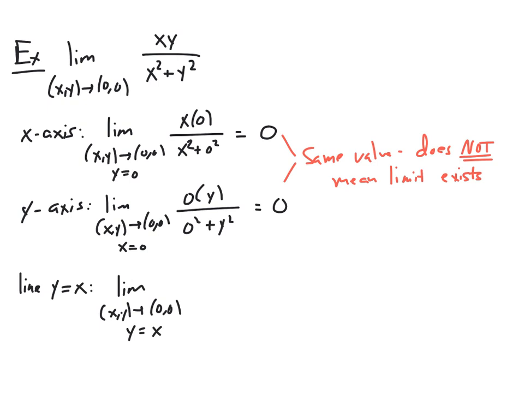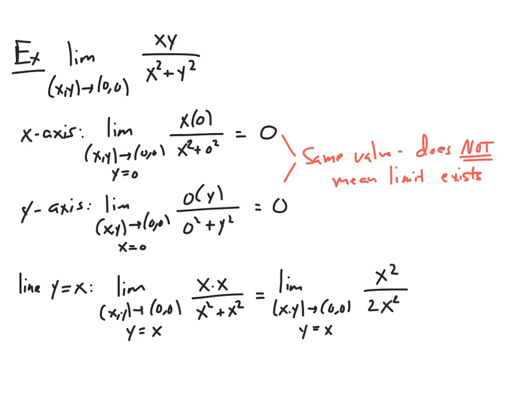If y is equal to x, then this becomes x times x over x squared plus x squared. So what we have is the function x squared divided by 2x squared. And x can be any number that's getting closer and closer to 0. So this limit is pretty easily seen to be 1/2.